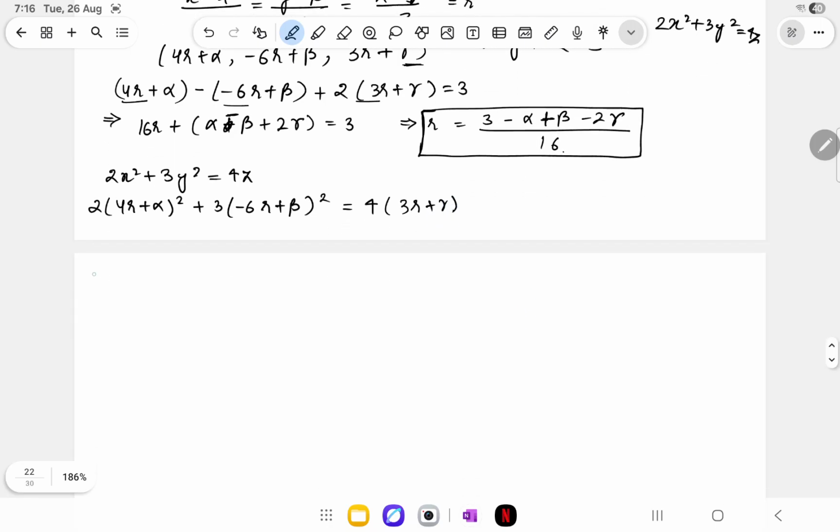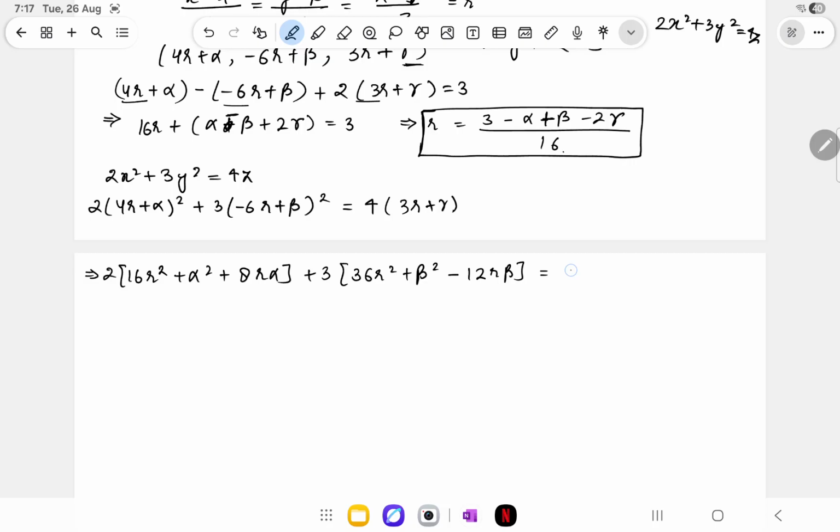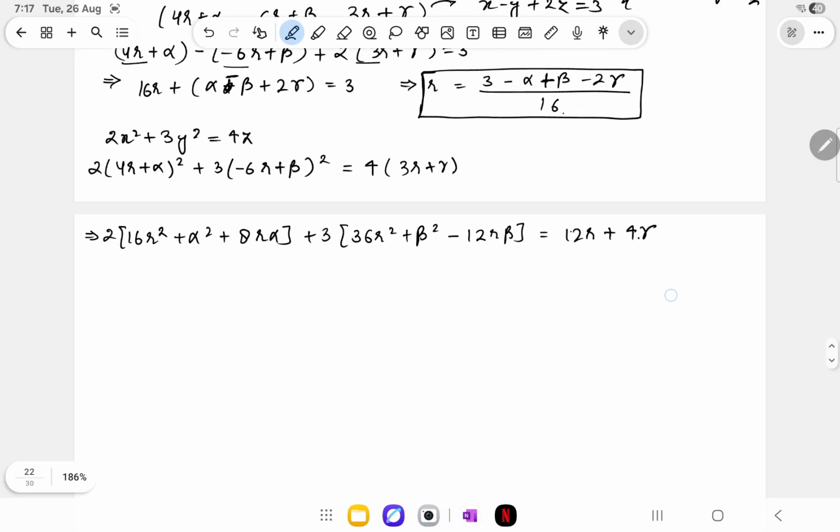If I simplify it, I'll get 2 into (16r square plus alpha square plus 8r alpha) plus 3 into (36r square plus beta square minus 12r beta) equals 12r plus 4 gamma.